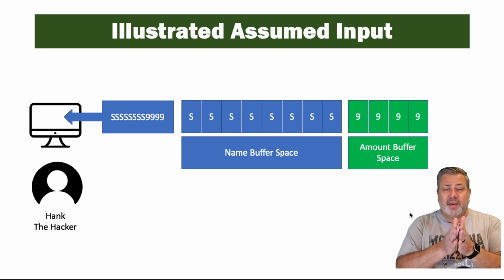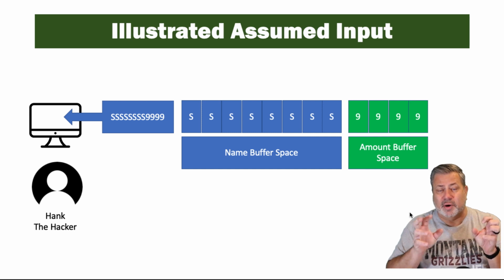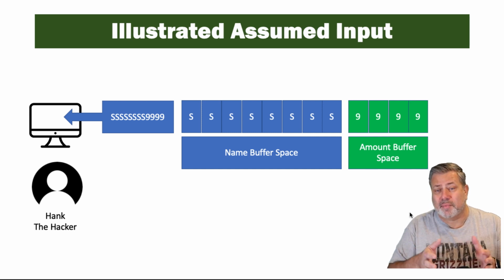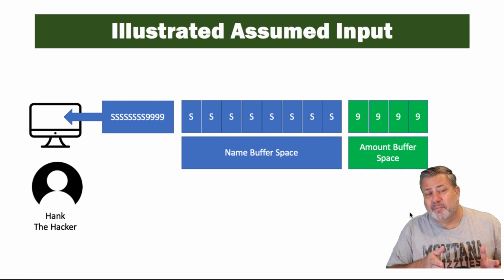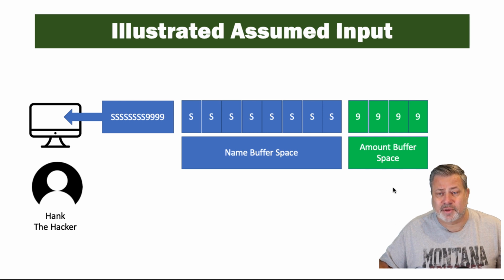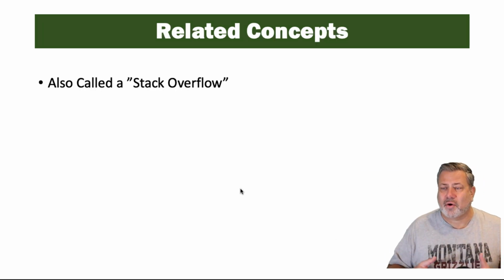So what we're saying is that a buffer overflow is overflowing a buffer space, and the buffer space is just the amount of space put into the program by the programmer to hold a variable or a value. The attacker has exploited that by overflowing it into the next space, which shouldn't happen. It's also called a stack overflow.